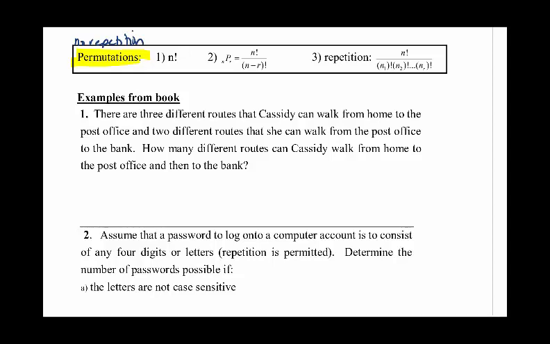So this was picking everything, like if we have 6 pictures and we want to use them all. The second one is nPr. We are not picking all of them. Out of n in total, we pick r. And the last one is if we have letters or numbers that we're repeating in what we're picking from.